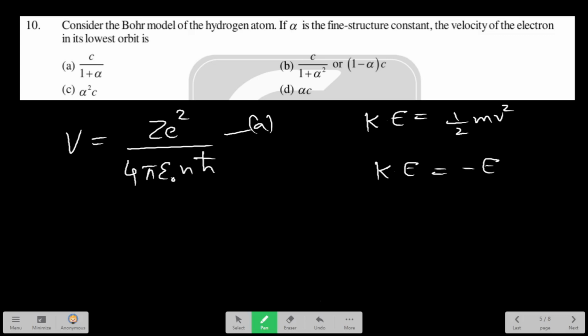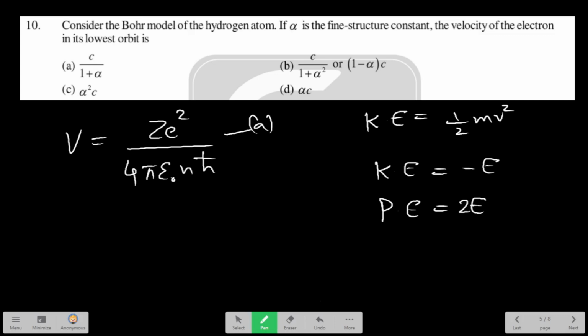So kinetic energy is positive and total energy is negative. The magnitudes of kinetic energy and total energy are equal. They differ by a negative sign. And potential energy is related to total energy as PE is equal to 2E. Potential energy is equal to 2 times total energy. So once you know the formula for velocity, you can find all the other relations like kinetic energy, potential energy, total energy, etc.